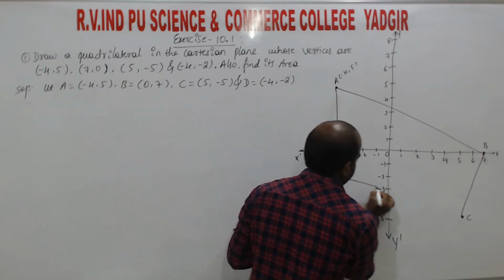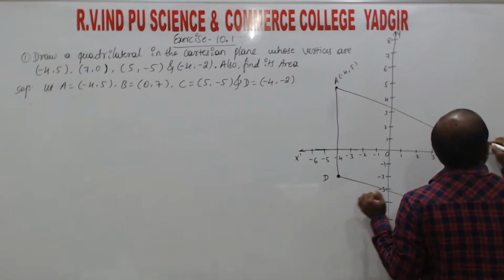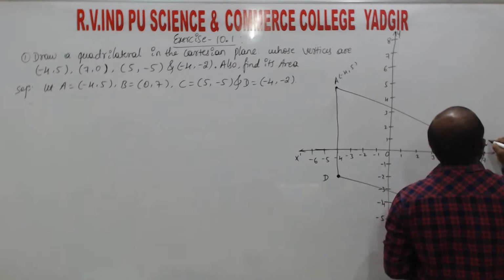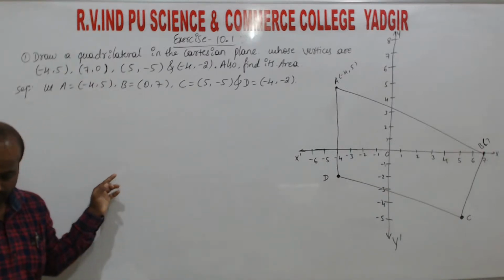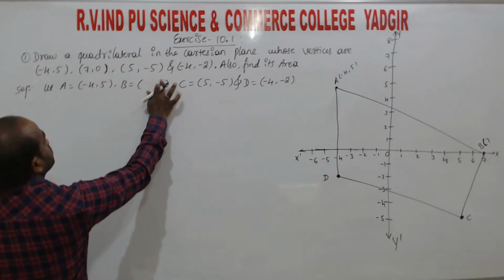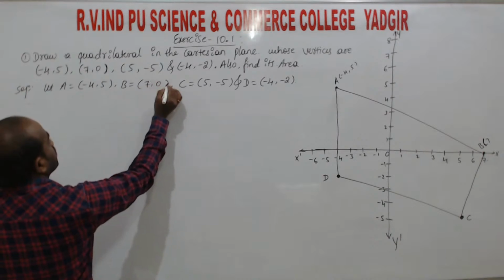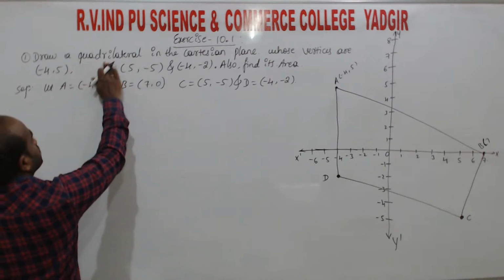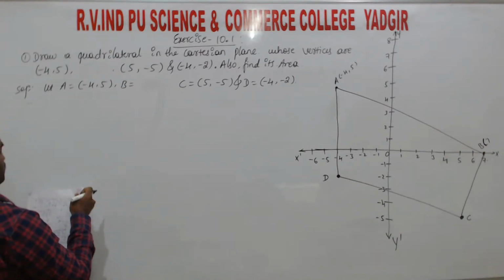Join this, D point and B point, 0 comma 7.